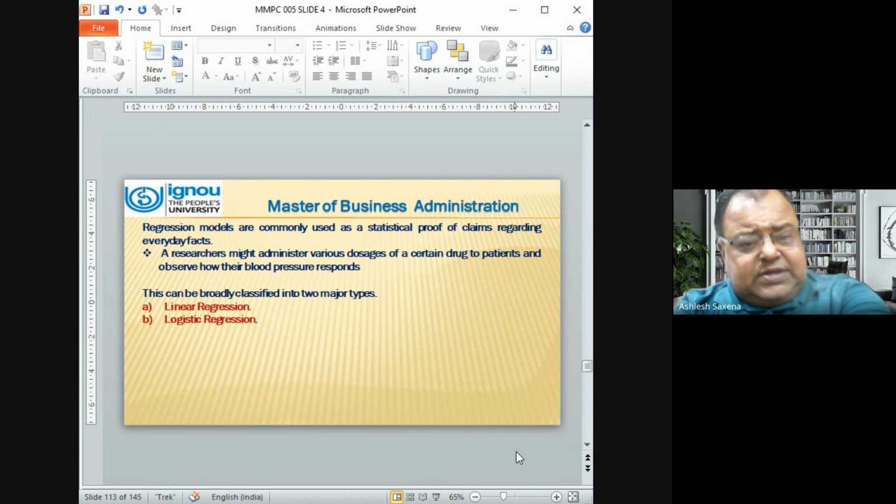A researcher might administer various dosages of a certain drug to patients and observe how their blood pressure responds. This can be broadly classified into two major types: linear regression and logistic regression.